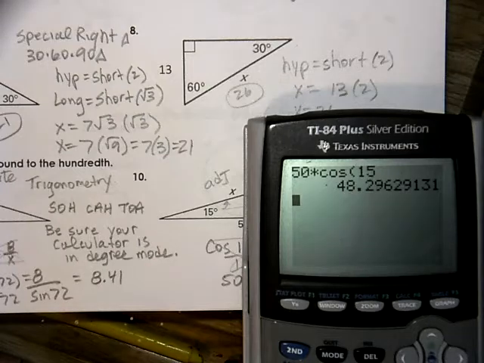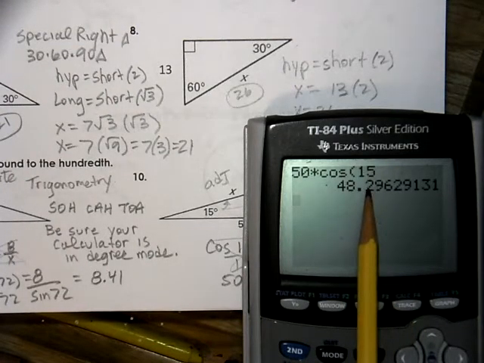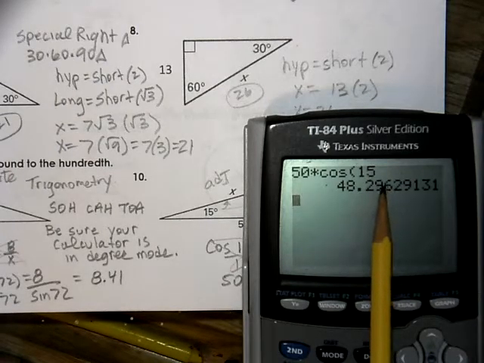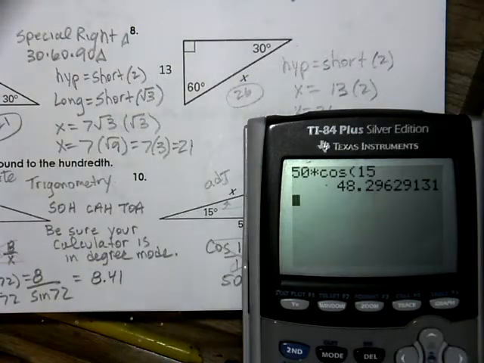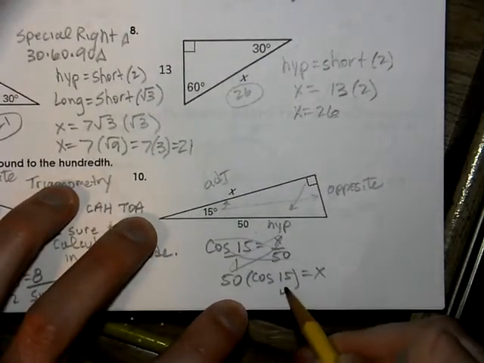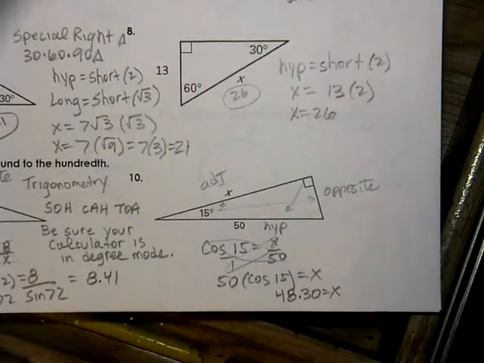That comes out to be 48.30, because the third number is 5 or bigger. Therefore, it rounds up the next number, which is a 9, which turns it into a 0 and rounds up the next number. So 48.30.